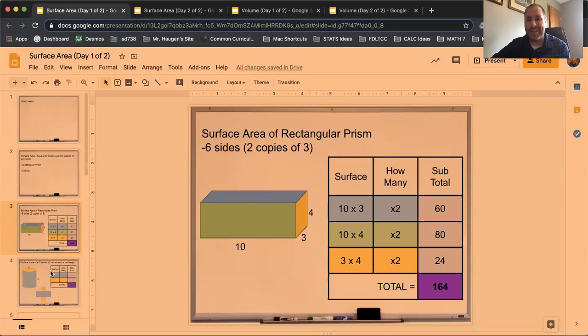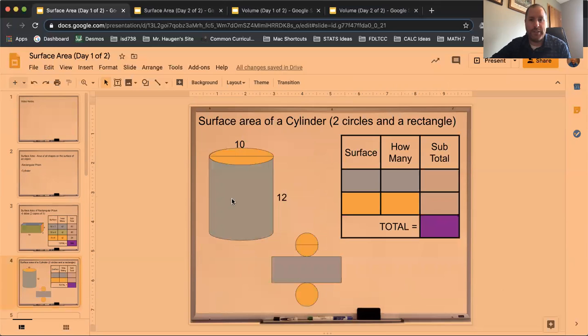All right, if we look at a cylinder, a little bit different shape, if we take it apart, it's comprised of 2 circles and then 1 rectangle in the middle here, this blue thing. Even though it would wrap around, if you were to take a can and cut it up the middle and pull it open, it would make a rectangle.